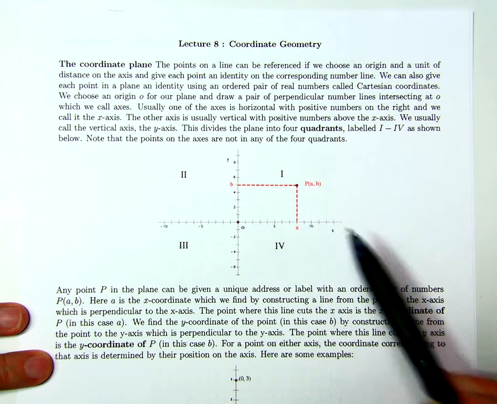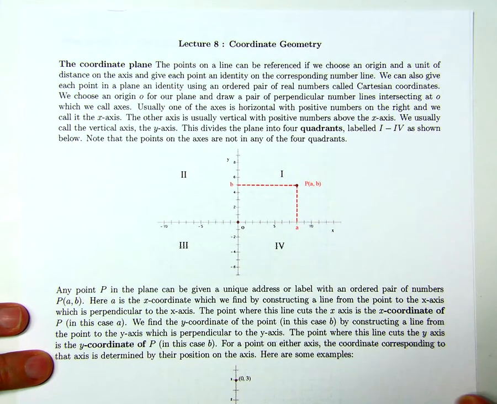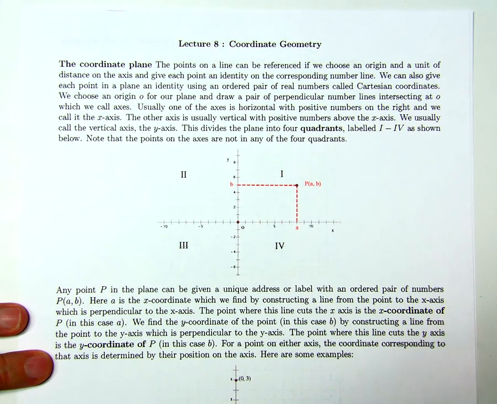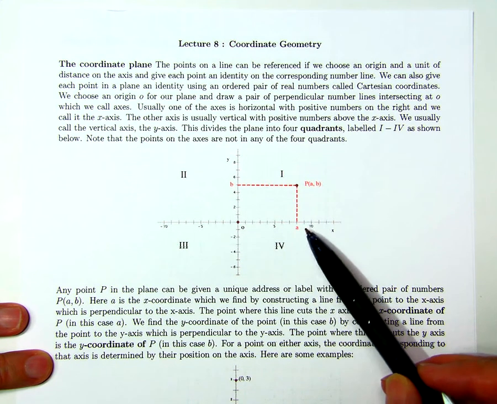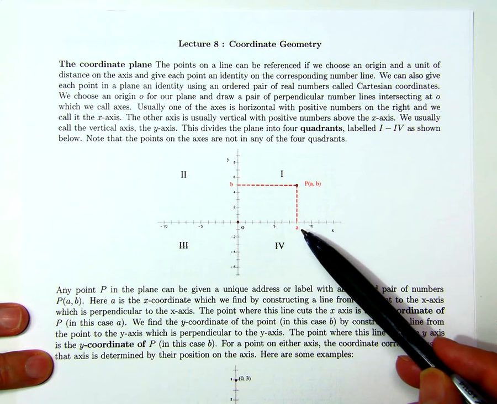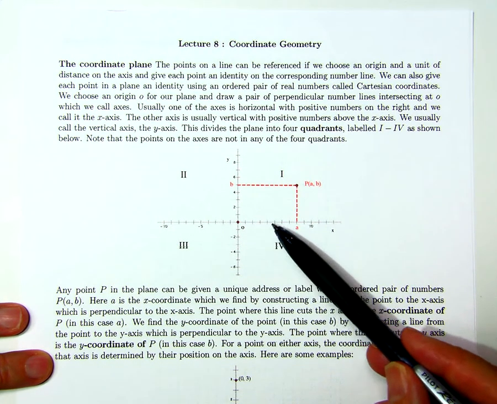Usually one of them is horizontal and the other vertical, but you can give them any position as long as they're perpendicular. But for all intents and purposes, we might as well assume that one is horizontal and the other is vertical, because if not, we can just change our own perspective to see them in that way.